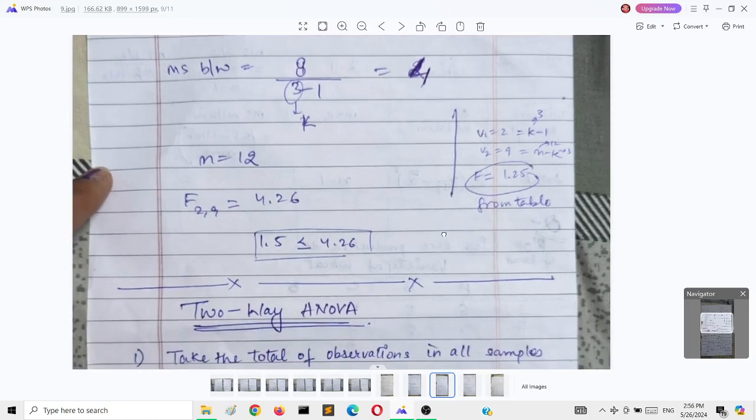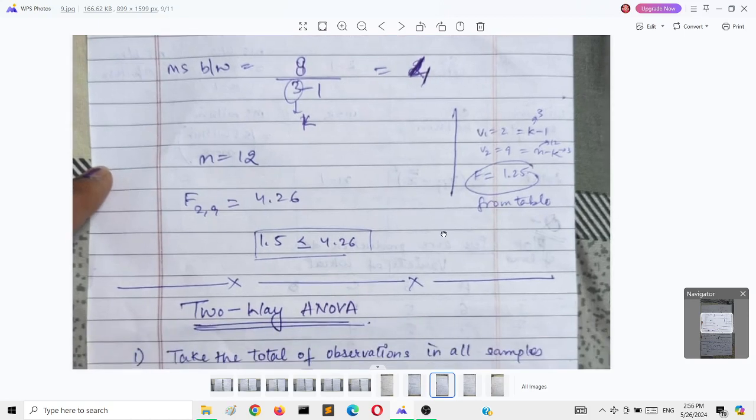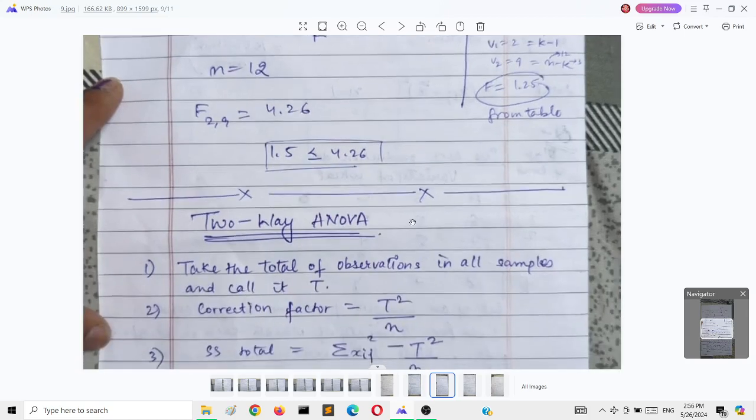You know that 1.25 is very much less than 4.26, and that's why you accept the null hypothesis, that the varieties are all the same. If it comes out very high, then you are likely to reject the null hypothesis and accept the alternative hypothesis.